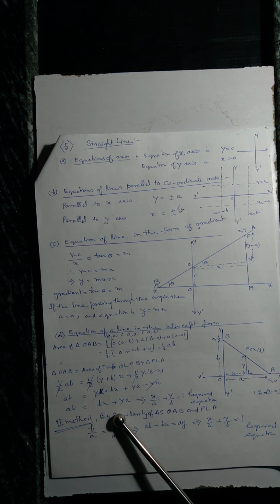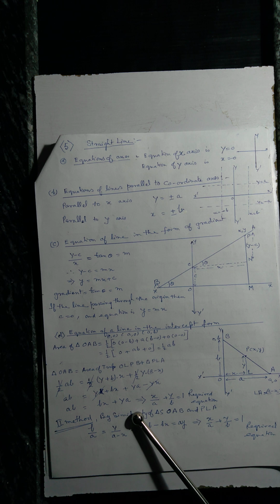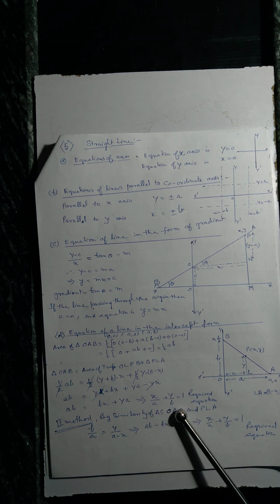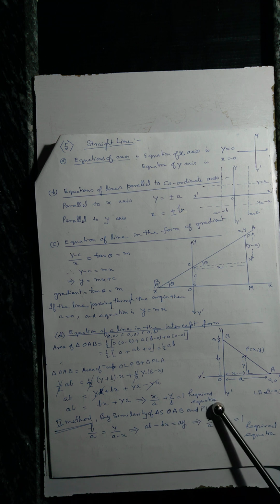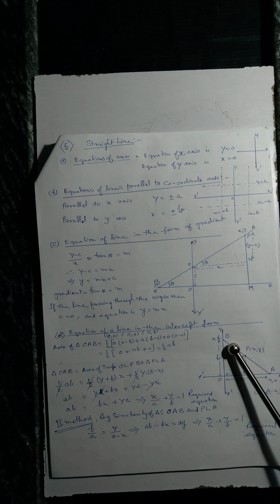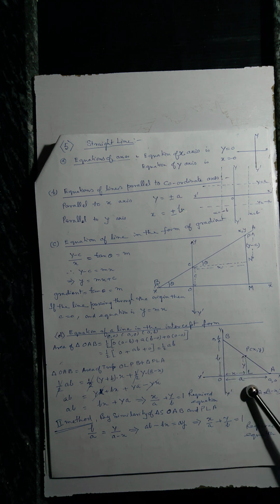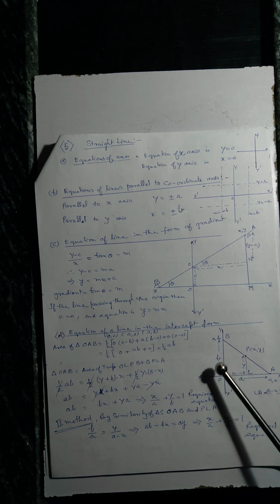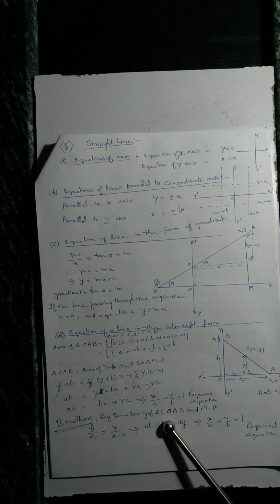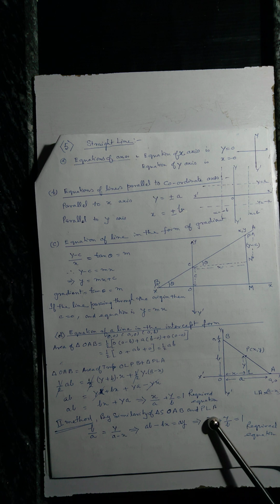Now while you divide both sides by ab, you will get x by a plus y by b is equal to 1. This will be the required equation of the line AB, which cuts the intercept on x-axis a and y-axis b. Now the second method, by similarity of the triangles OAB and PLA.